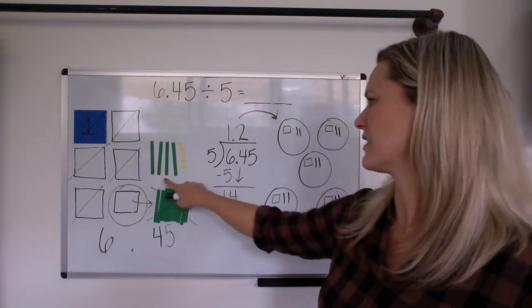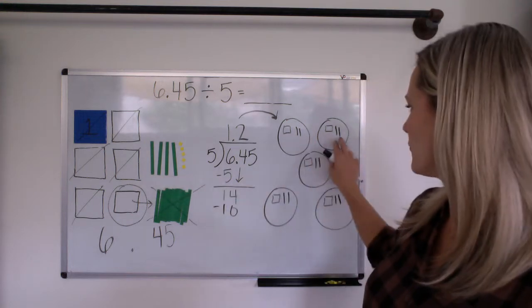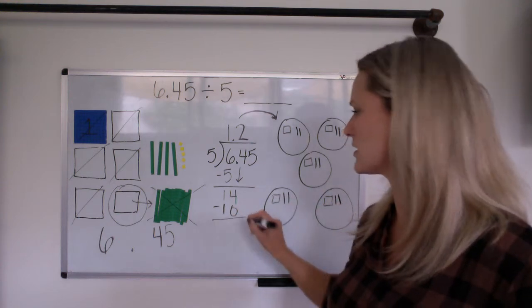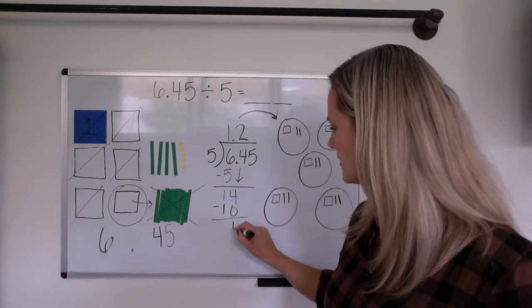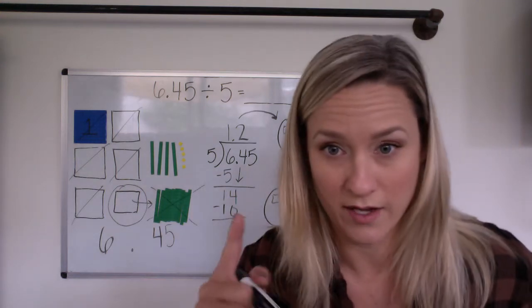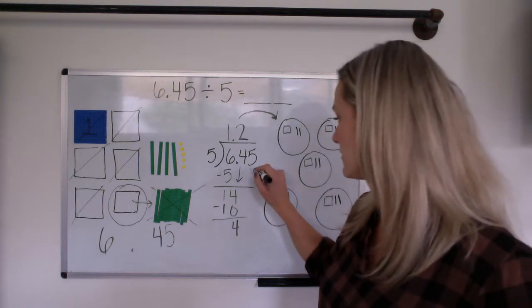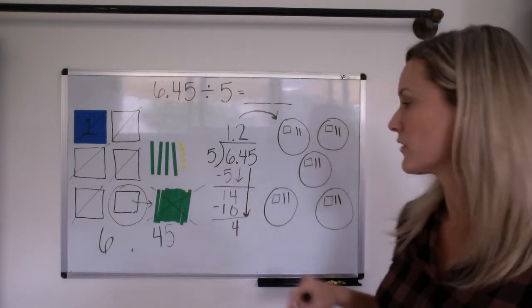Now we still have this here, right? We've used up 2, 4, 6, 8, 10. So I'm going to subtract those off. Okay, so I still have these 4 left. And now it's time to bring down the 5. So we've got to bring down the 5. That means these guys are coming into play right now, right?